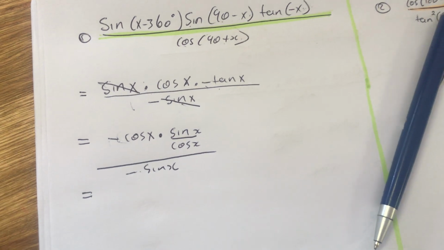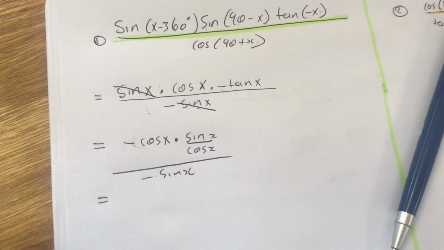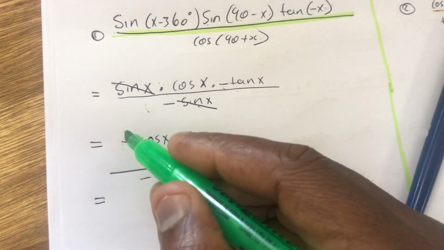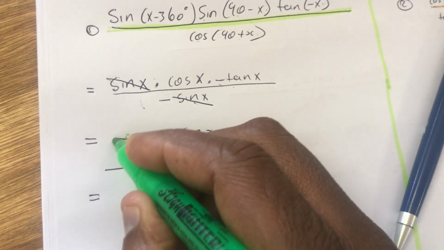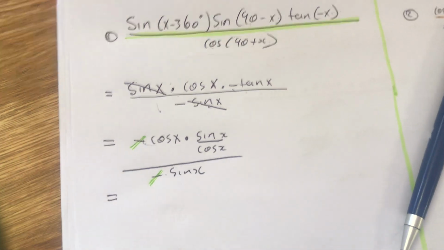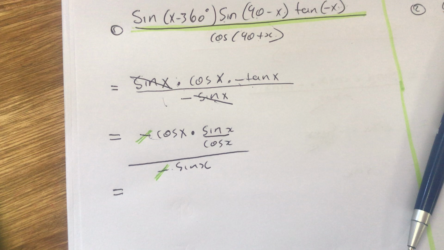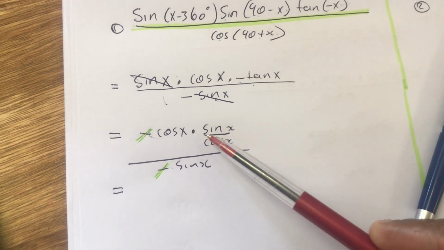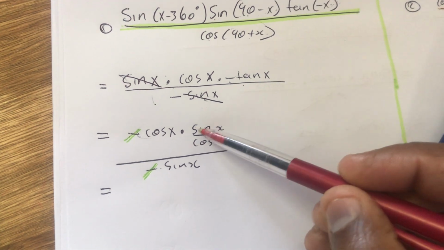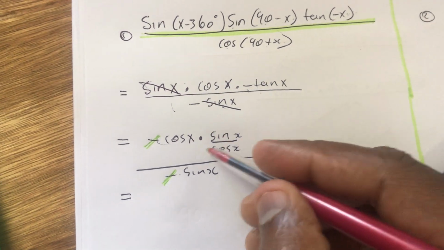Let me take this one out. You're going to cancel this negative and this negative, and they remain with positive. So the cos x times sine x divided by cos x, just because of this multiplication, you can cancel these two.